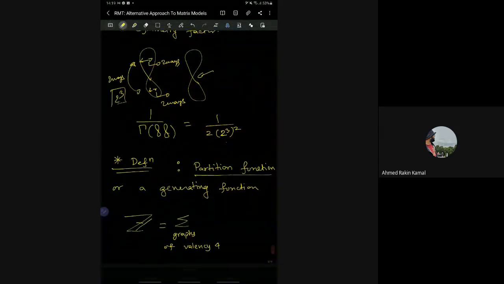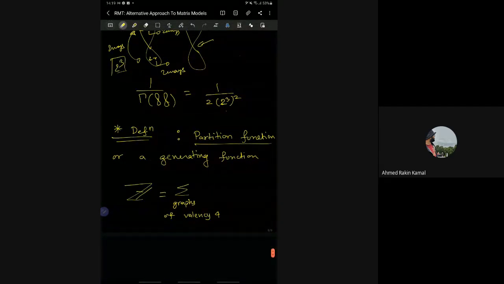So we want a function that gives us these graphs of valency 4 and n vertices. So this function is basically a sum over those possible graphs. Let's define a number gn, weighted by our automorphism factor.